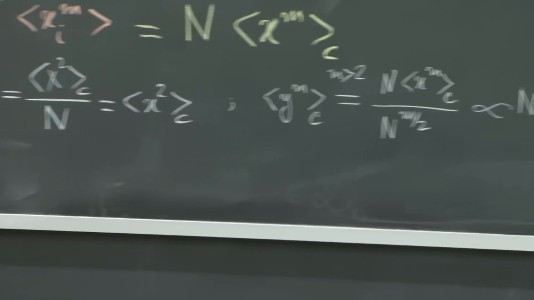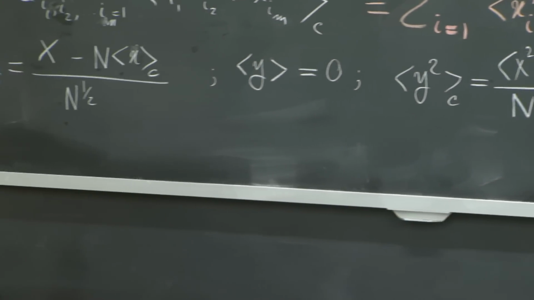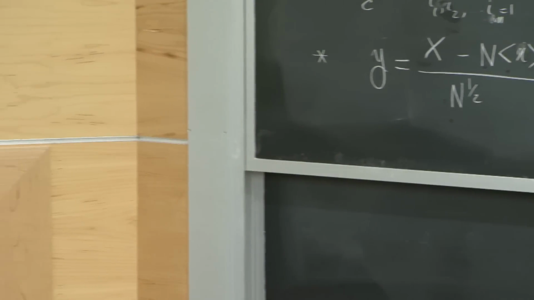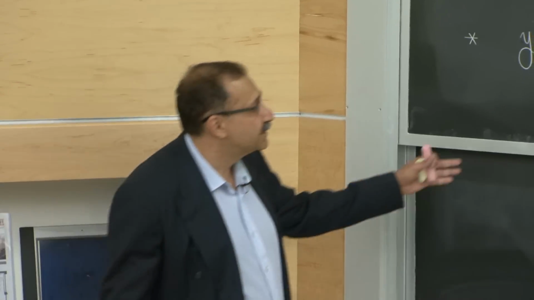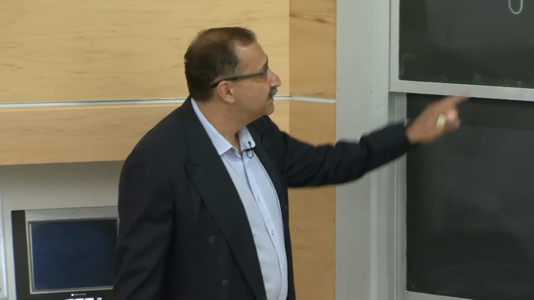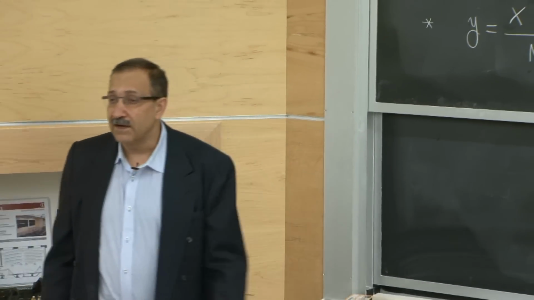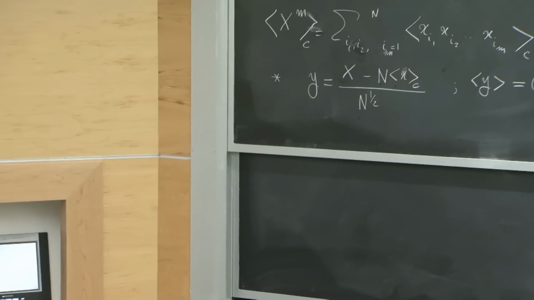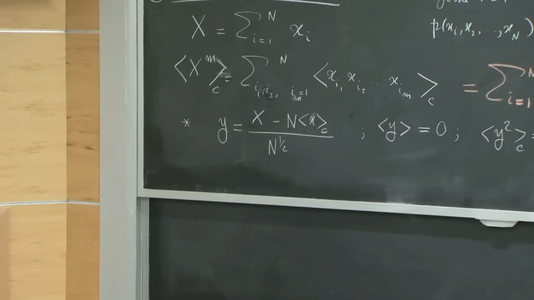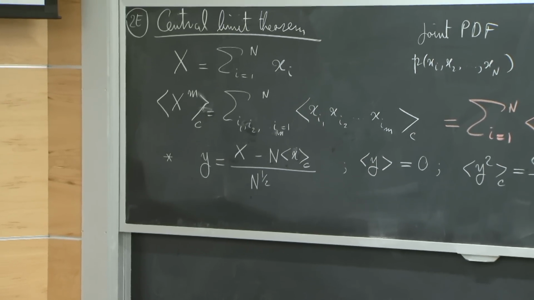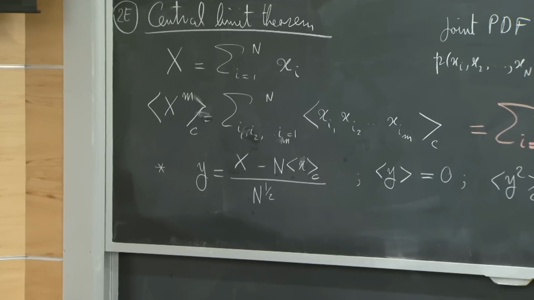Okay? So if I look at the limit where the number of terms in the sum is much larger than 1, what I conclude is that the probability distribution for this variable that I have constructed has 0 mean, a finite variance, and all the other higher order cumulants are asymptotically vanishing.